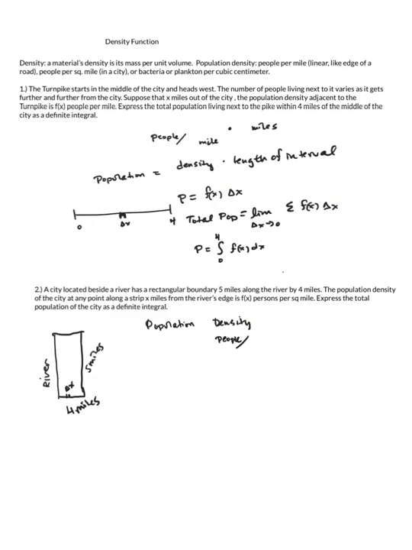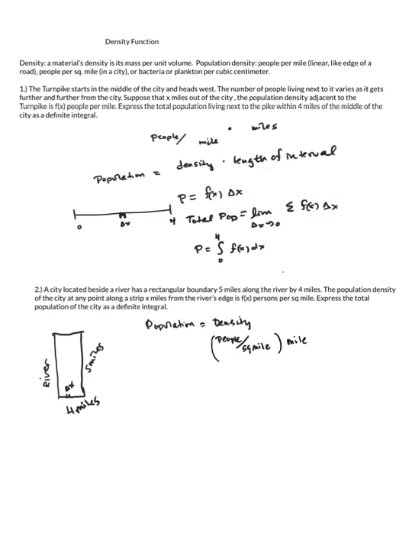All right, so back to this question. I don't know why I did that. We have population is the density, which is people per square mile, times your delta x, which is going to be miles. That's your delta x.